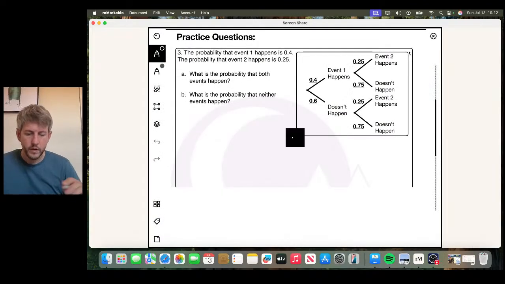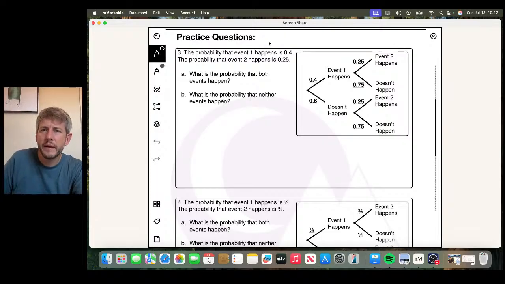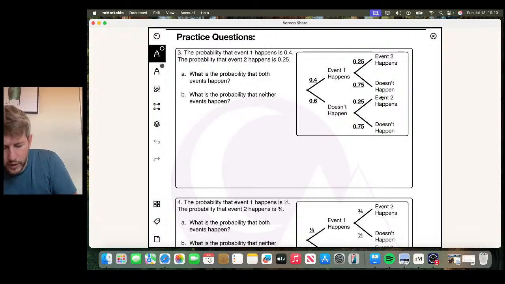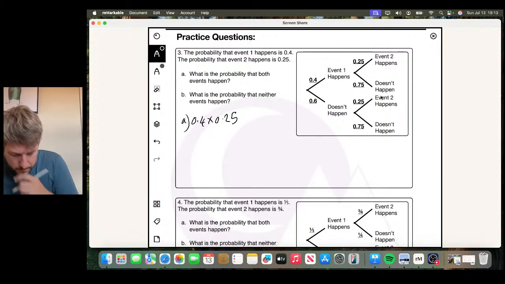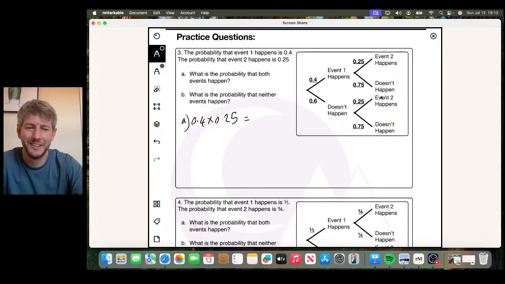Okay, here we go. What is the probability? The probability that event 1 happens is 0.4. The probability that event 2 happens is 0.25. What is the probability that both events happen? What is the probability that neither events happen? Okay, so we've got here A is 0.4 times 0.25. Okay, so that's going to be, okay, right, let me get the calculator out.